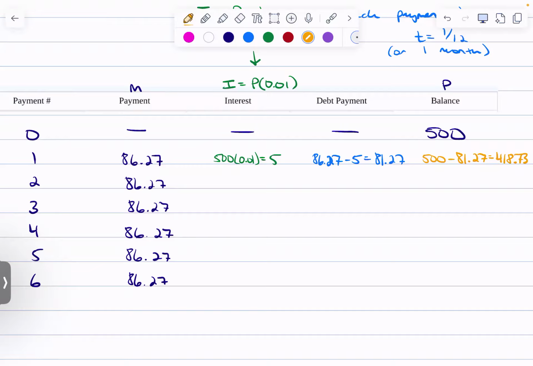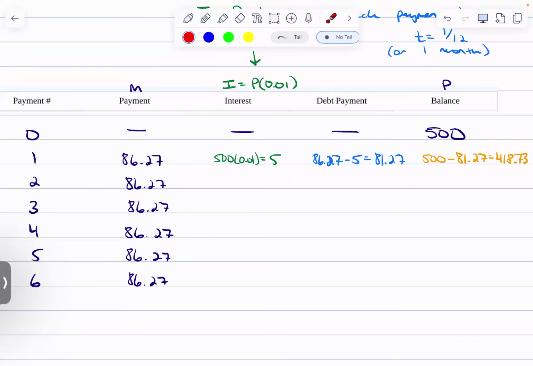Now I can move on to the next line. For this next line, I still have to pay interest. I have to pay 1% interest essentially for this 1 month, because it's 12% over 12 months. So now I need to multiply this balance by 0.01.